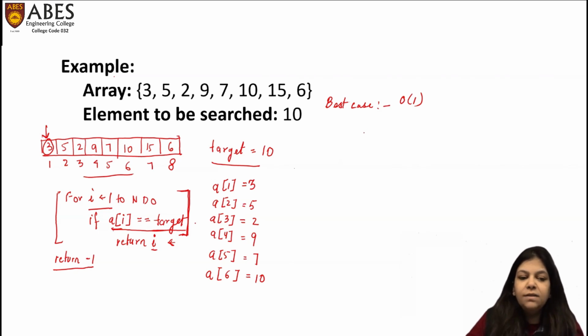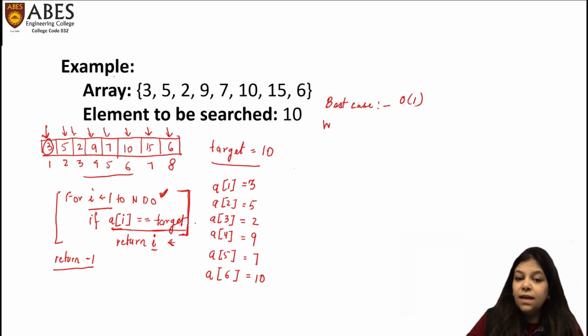But what if we are searching for an element which is not present in the array? In that case, we have to iterate the entire array. And this for loop will terminate only after n plus 1 iterations, right?